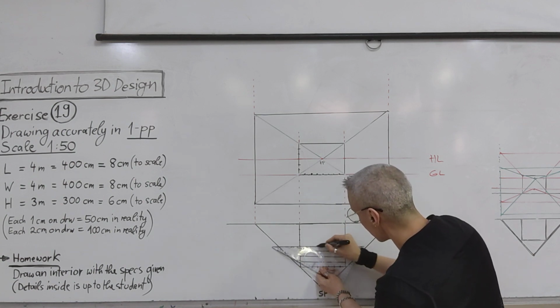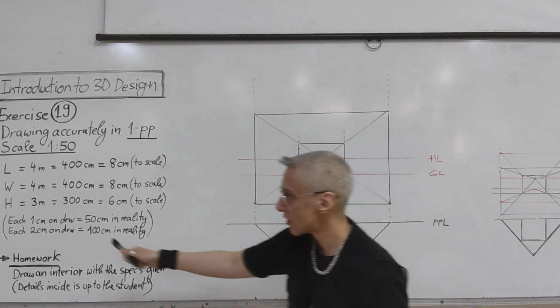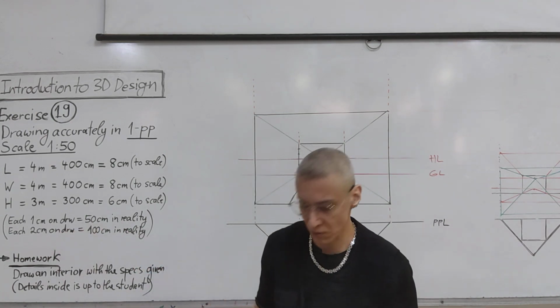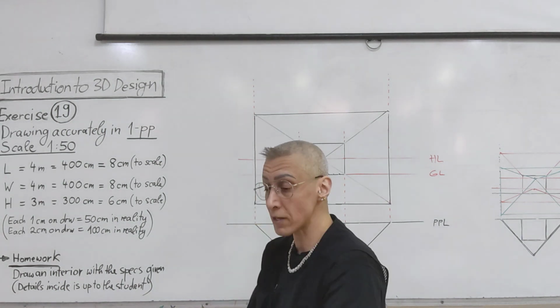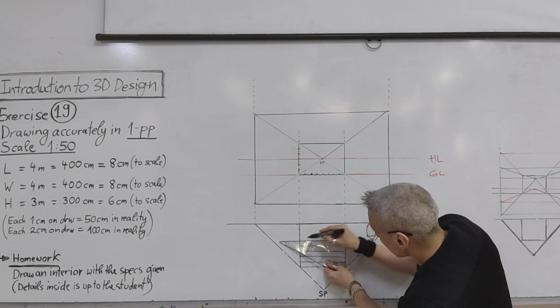So in reality, this means that each centimeter on the drawing is 50 centimeters. So each tile will be 50 centimeters. But they can be smaller or larger.